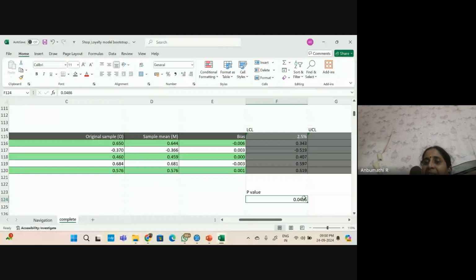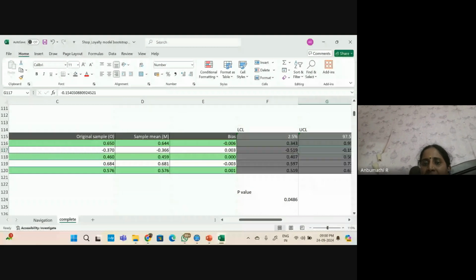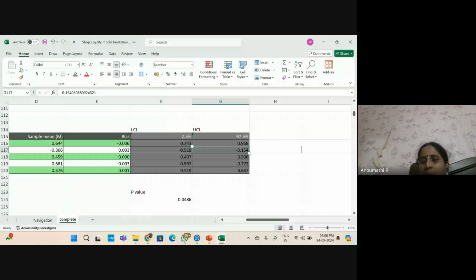So for those instances only, we'll also do this bias corrected confidence interval. Sometimes when you have a significant p-value, this LCL and UCL will be in opposite directions. But in this case, when you see this, the first one is both in positive direction, the second one both in negative direction, right?